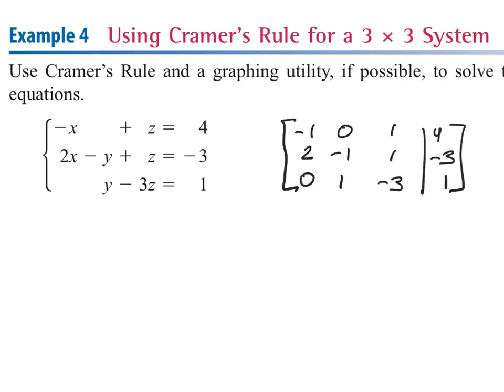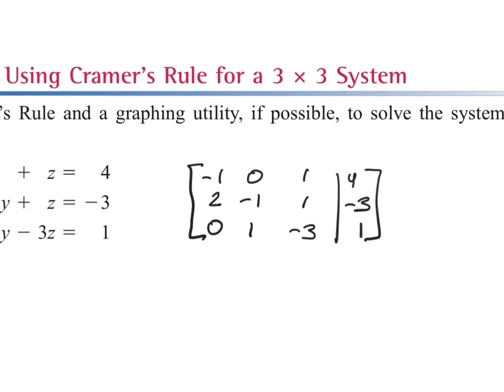Does everybody agree with me? Yes. Okay, what is 4, negative 3, and 1? The answers. Those are my answers, okay? Agreed? Okay. What are these numbers in here? The coefficients.